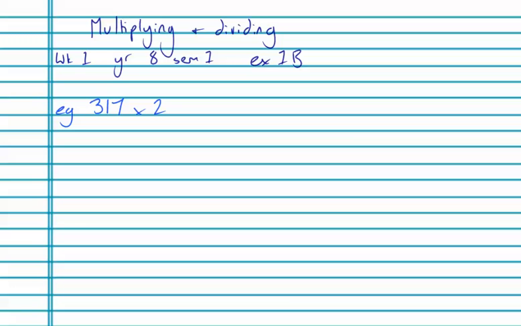317 times 26, we know that the appropriate algorithm is to write the numbers on top of each other, and unlike adding or subtracting, we don't need to line up the values. Actually, we sort of justify them, we squish them up against the right-hand edge there, and we write a multiplication sign.